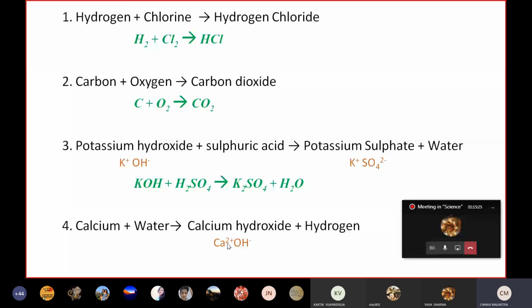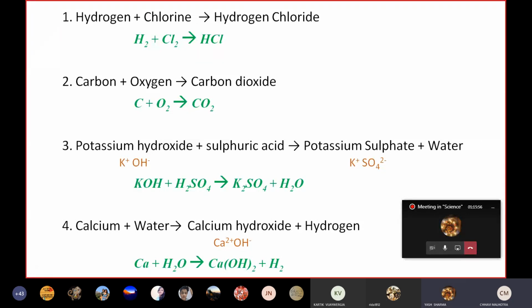Calcium is Ca2 plus, hydroxide is OH minus. So crisscross, what would be the formula? Yash, tell me, what is the formula for calcium hydroxide? CaOH. Beta, if you bring this 2 here after crisscross, will it not be CaOH whole twice? Yes or no?